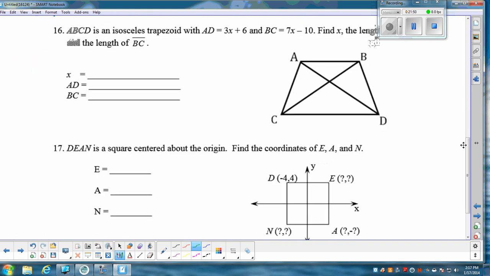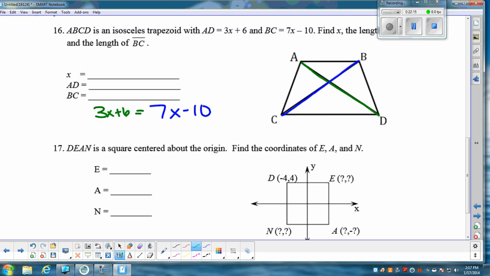16, we have another isosceles trapezoid. We know that AD, this diagonal, equals 3x plus 6. And we know BC is 7x minus 10. Well, in the isosceles trapezoid, we know our diagonals are congruent. So we set our two diagonals equal to each other, and then we solve.